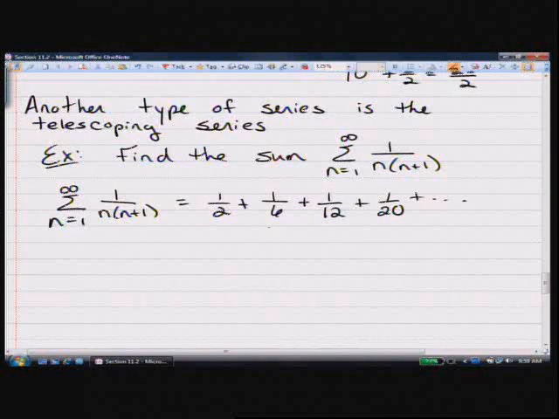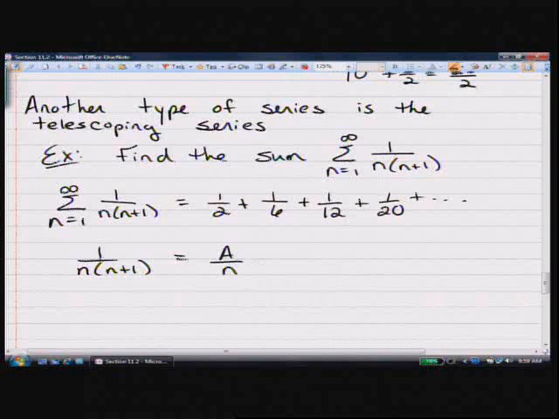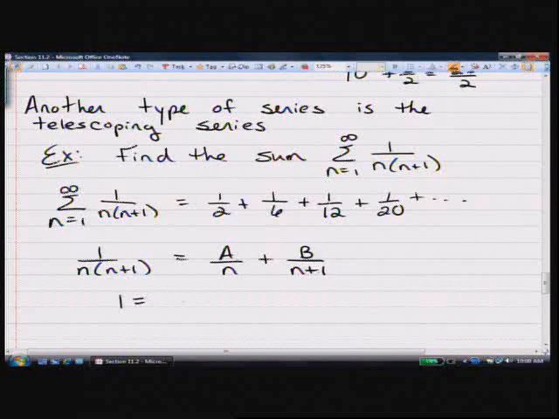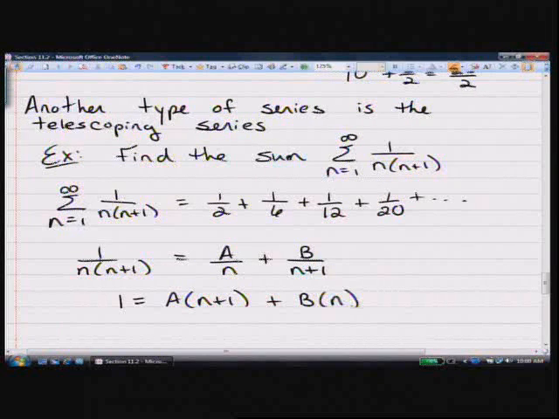All right, it's not completely obvious just looking at it this way, so you may want to use partial fraction decomposition. If you look at 1 over n times n plus 1, and think of it as a over n plus b over n plus 1, right? This is familiar. And so then you say 1 equals a times n plus 1 plus b times n.